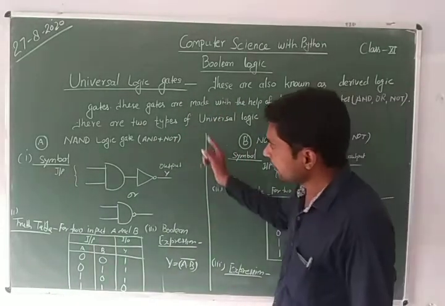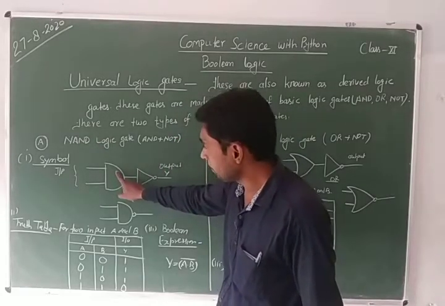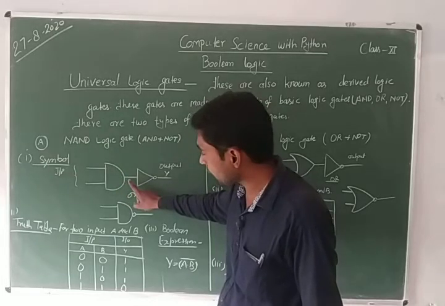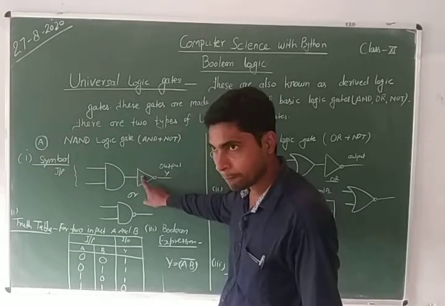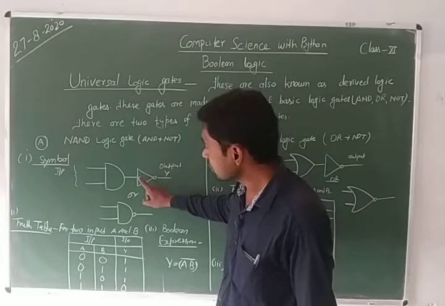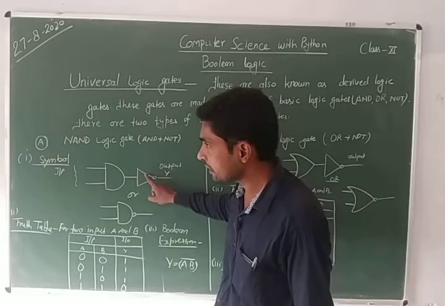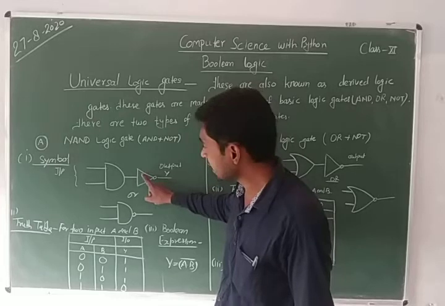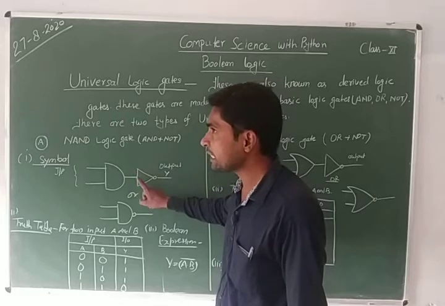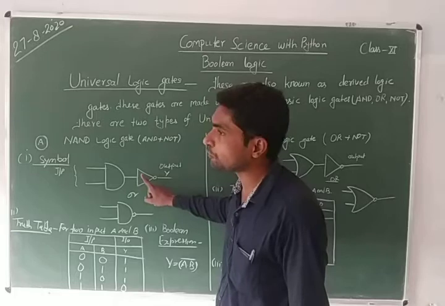Alright? Symbol. The symbol of NAND logic gate is: first we will make an AND gate. At the output of the AND gate, we will again use a NOT gate. Means the output of the AND gate is taken as the input for the NOT gate.